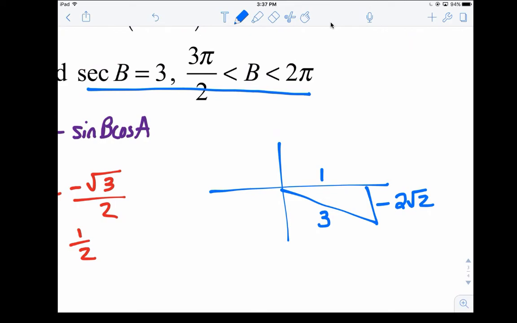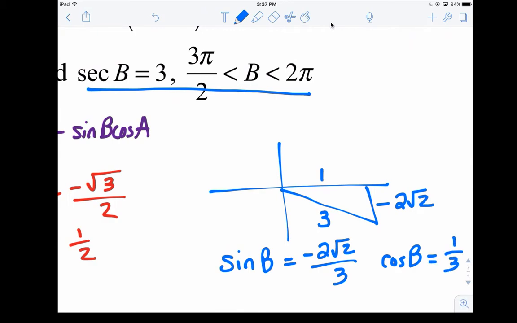So sine of B would be opposite over hypotenuse, so negative 2 root 2 over 3, and then cosine of B is 1/3, or the opposite of secant.